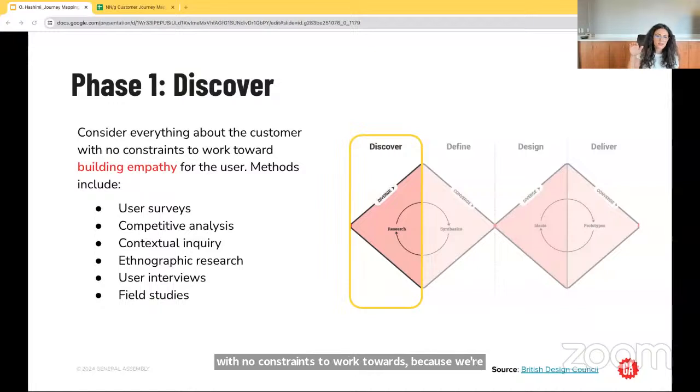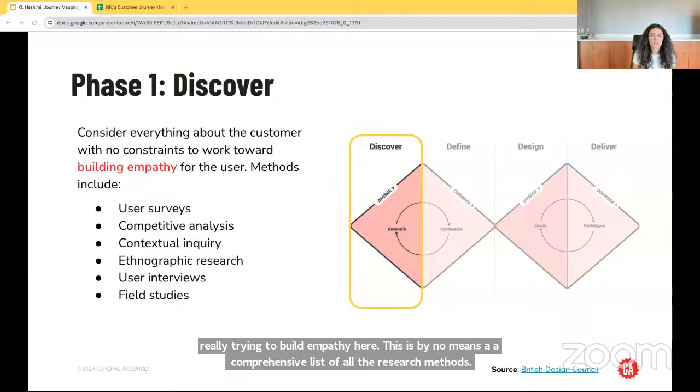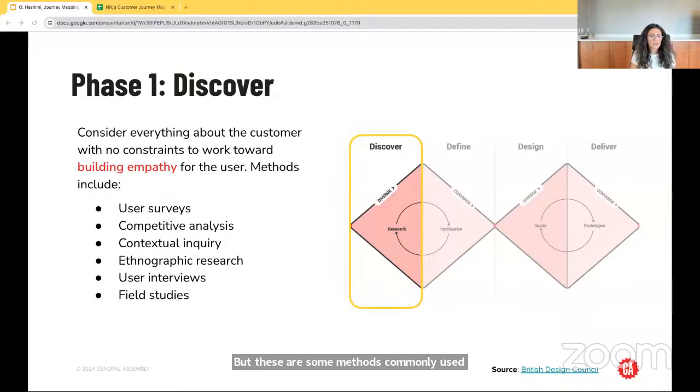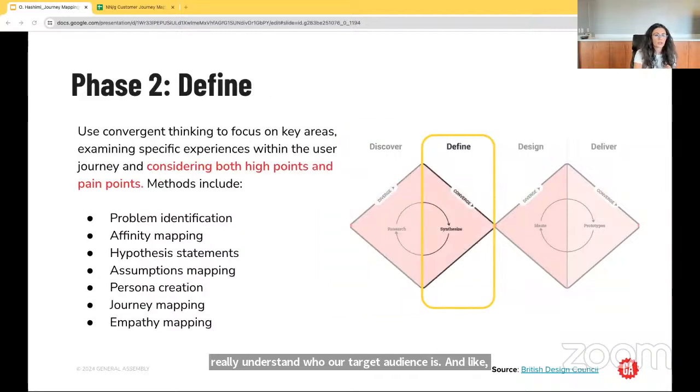This is by no means a comprehensive list of all the research methods, but these are some commonly used methods that fall under this phase. So all these methods of research are essentially a means to really understand who our target audience is, and like I said, what their mindset and behaviors essentially are.